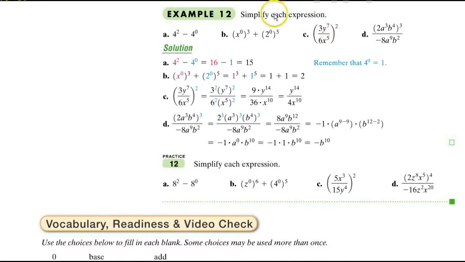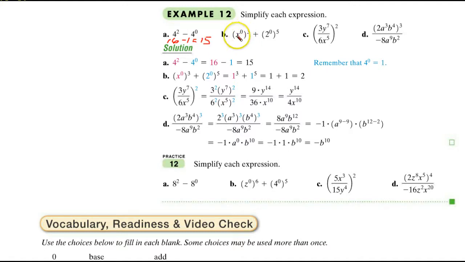So simplify each expression. Okay, so what is this here? Just 4 squared is 16 minus 1. So this will be 15.